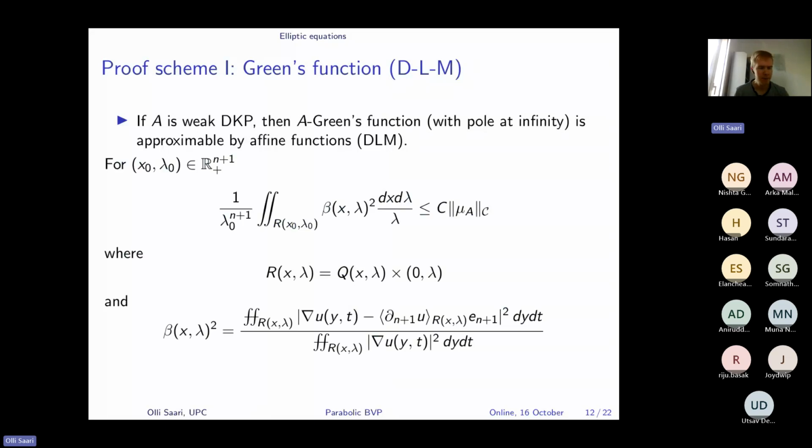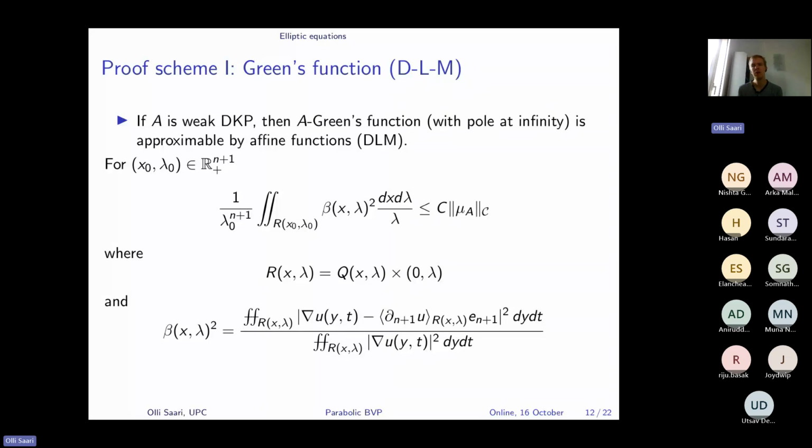And more technically, what these people did, they defined the quantity beta, which is the one at the bottom of the slide. So you compute the mean oscillation in a Carleson box, sorry, the mean value of the difference of the gradient and the mean value of the normal derivative.